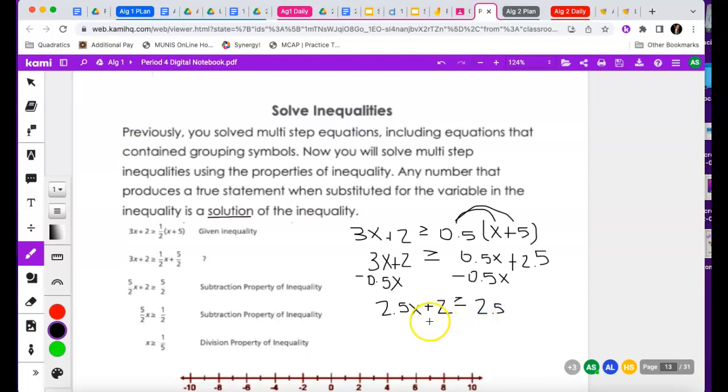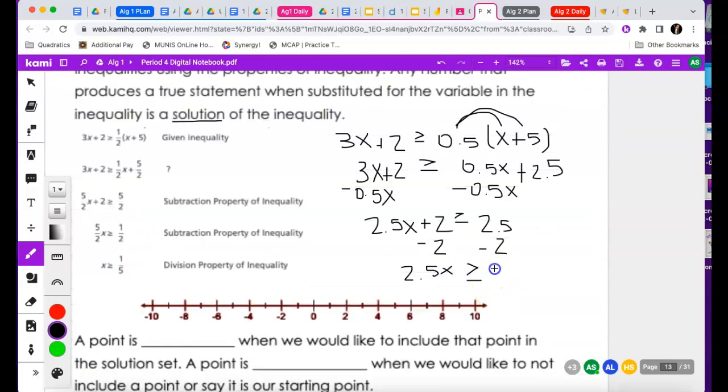Now we have to do the opposite of add 2. So we're going to subtract 2 on both sides. Bring down our 2.5x. And that's greater than or equal to 2.5 minus 2 is just 0.5. So my last step, 2.5 times x, we got to do the opposite, which is divide by 2.5.